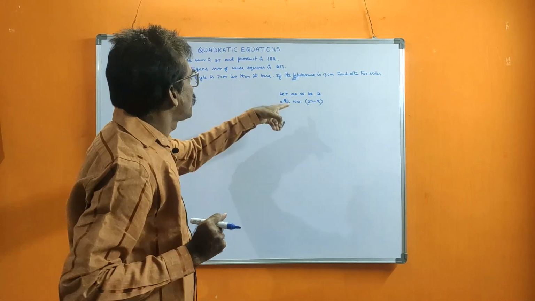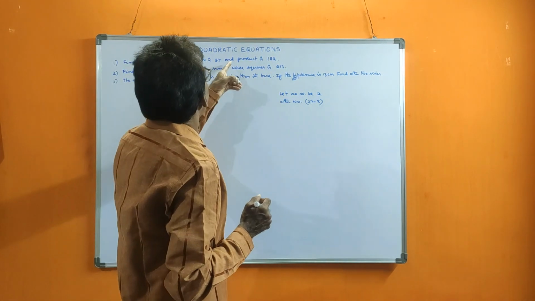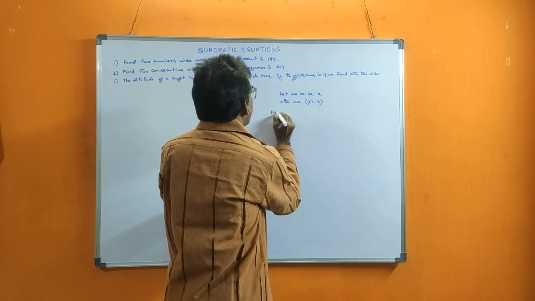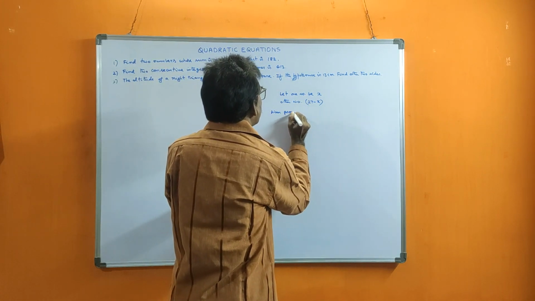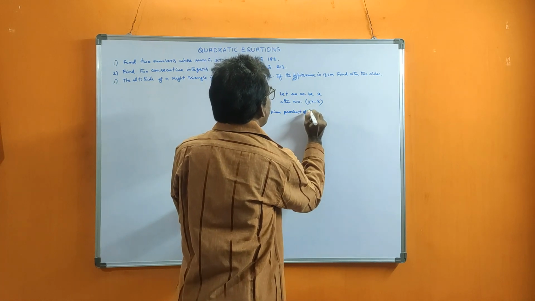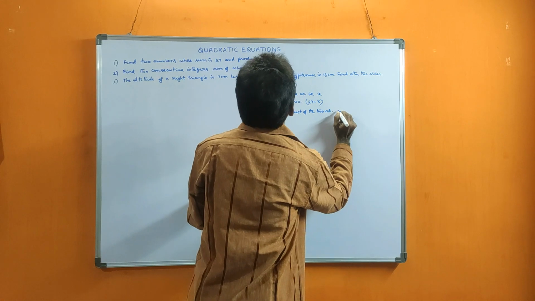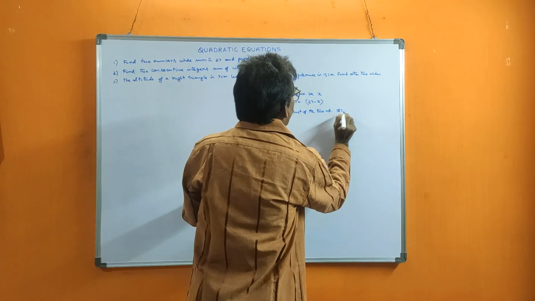Whose sum is 27. So, now the product is given. The product of the two numbers, what is given? 182.